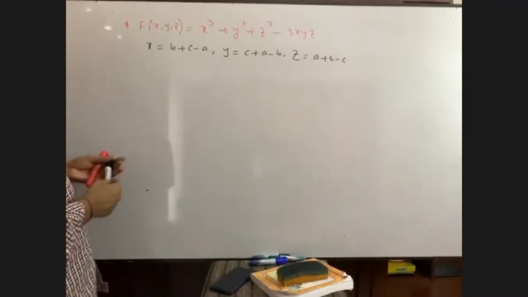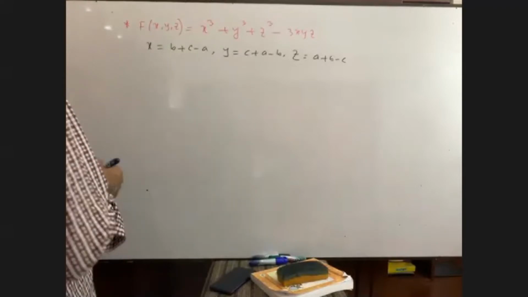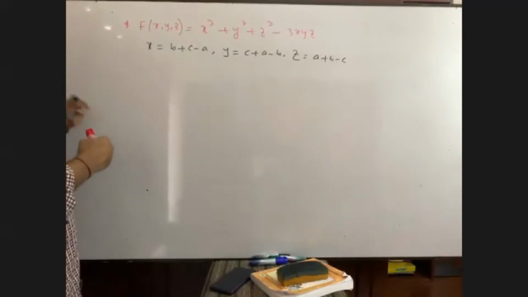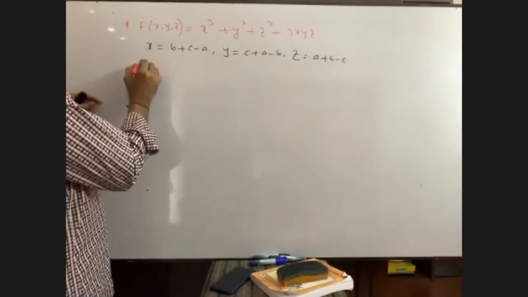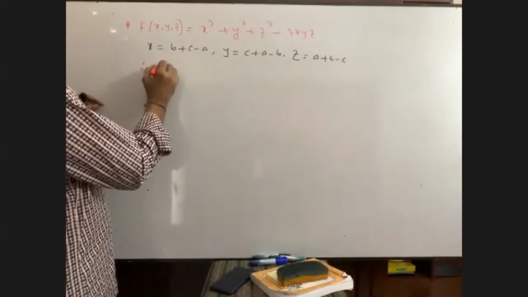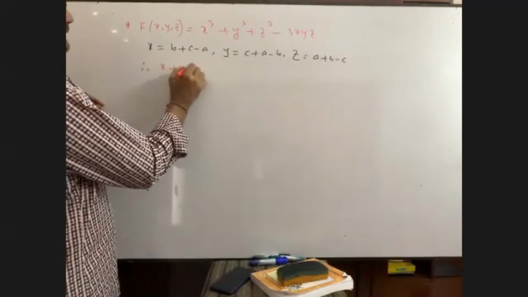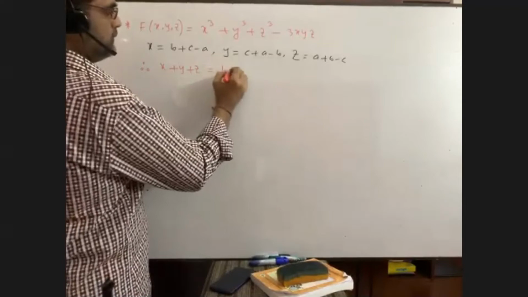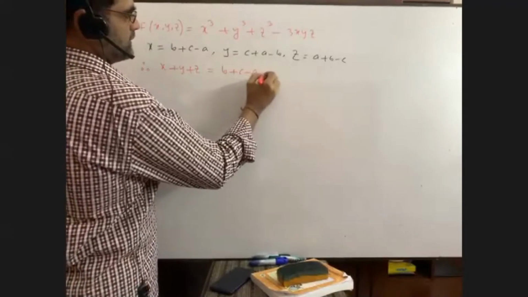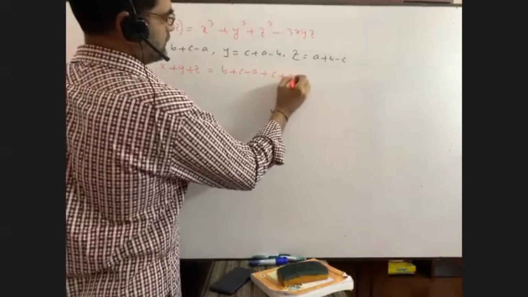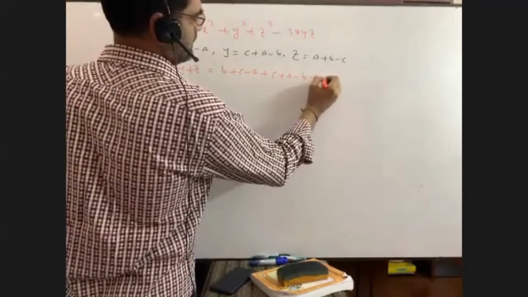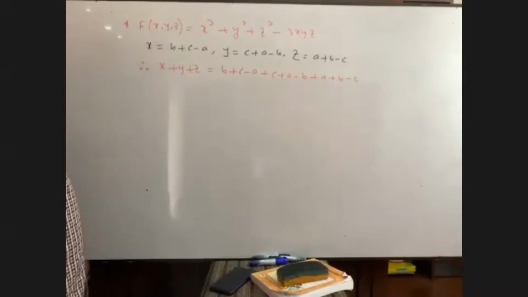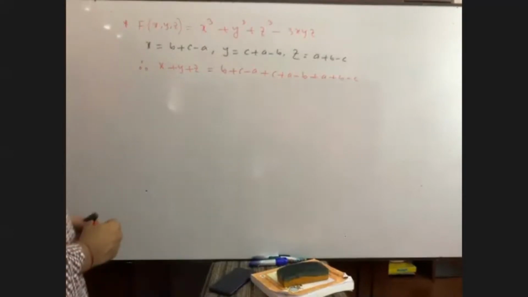Now, what can I do here? Can you please tell me, therefore, what is the value of x plus y plus z? Therefore, x plus y plus z equals what? b plus c minus a, c plus a minus b, a plus b minus c. Am I right? Yes, sir.